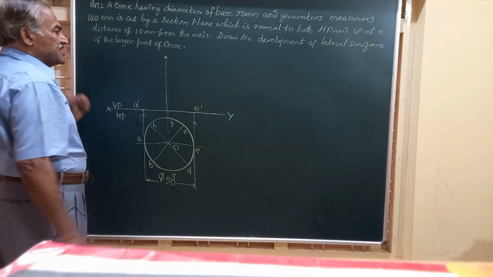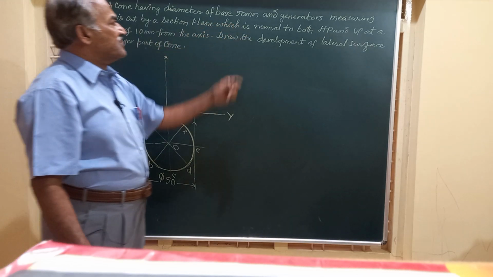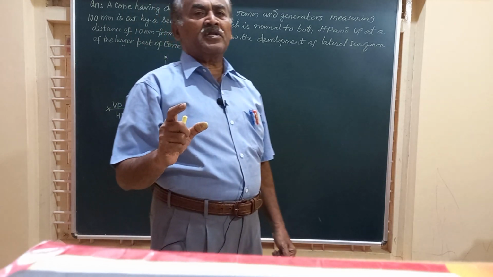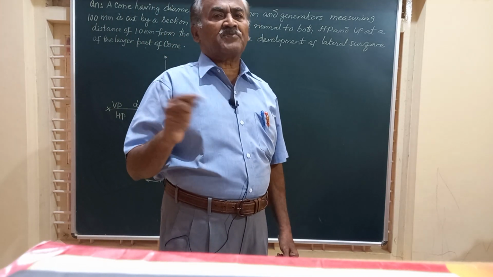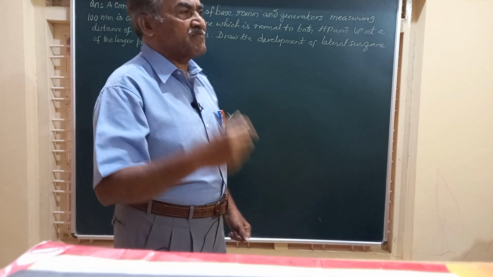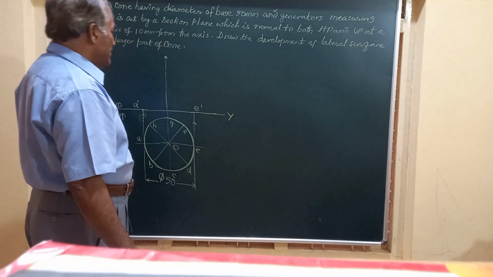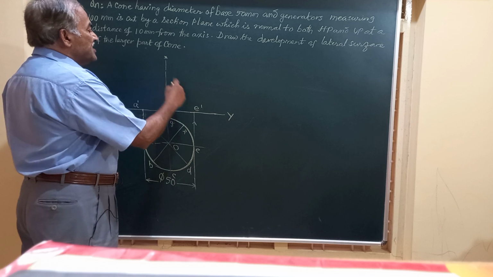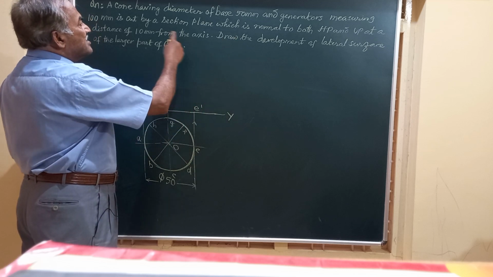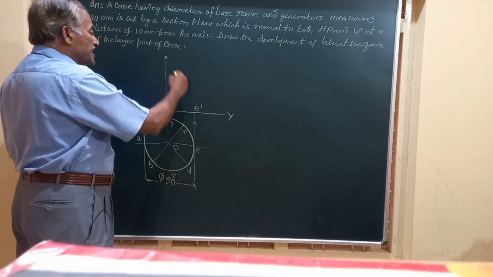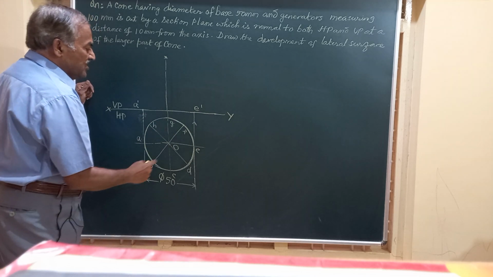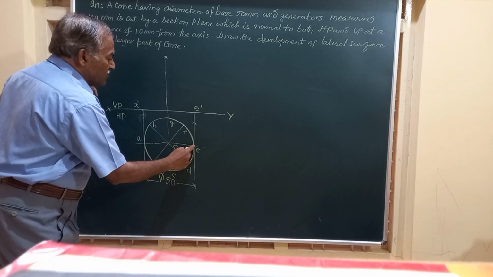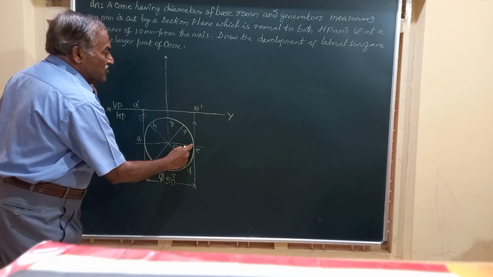But before joining that, in the question if you see, they have given the diameter of the base and the length of the slant generator or the generator in general. So instead of giving the height, it has been given the length of the generator. Friends, if you see this generator OE, it is parallel to VP.